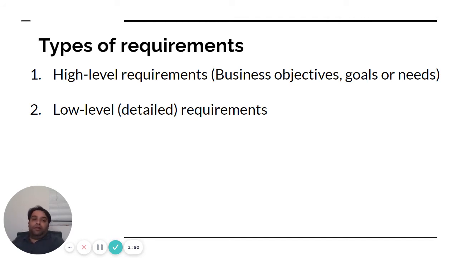What is a low level requirement? It is a detailed requirement that describes the individual components within the system. In our example, the battery pack, drivetrain, range, those kinds of things, how they operate, detail rather than overview.